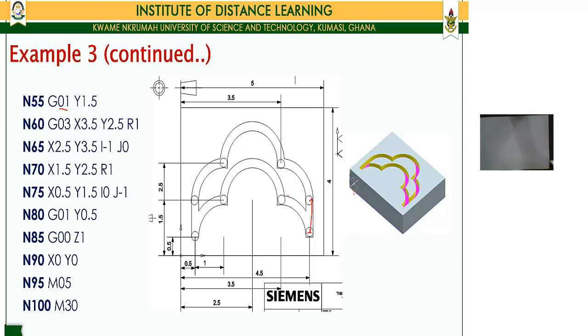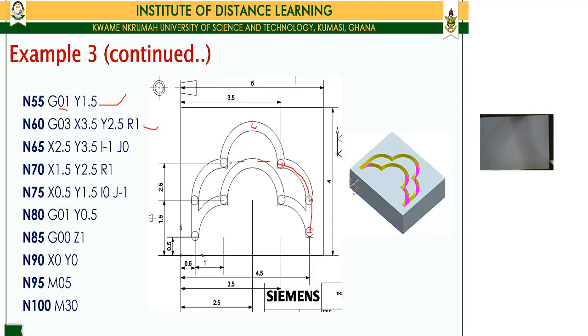So that's just a linear feed upwards 1.5 to this position, which is this, and then it does a G03, which is a counterclockwise movement to this position at X 3.5 and then Y 2.5. So you notice that it's still Y 2.5 down here, because it's doing a counterclockwise movement that way.